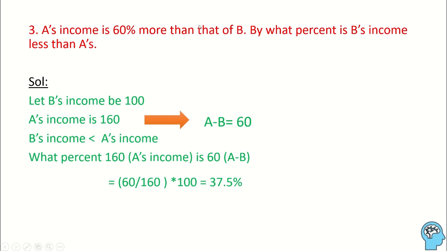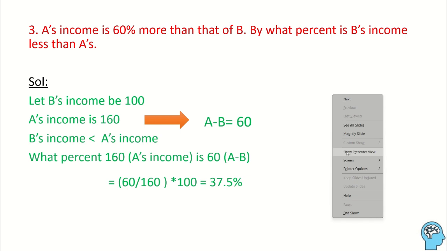So let's look at the final problem. The third problem. Let me read out the problem statement to you. The question is: A's income is 60% more than that of B. By what percent is B's income less than A's?